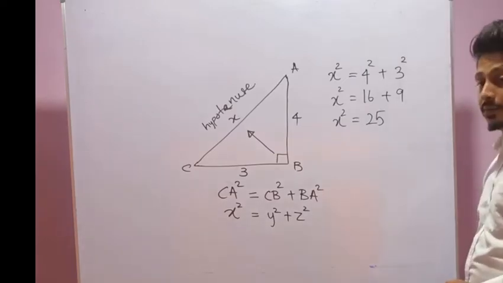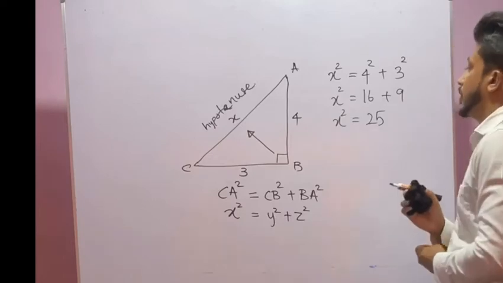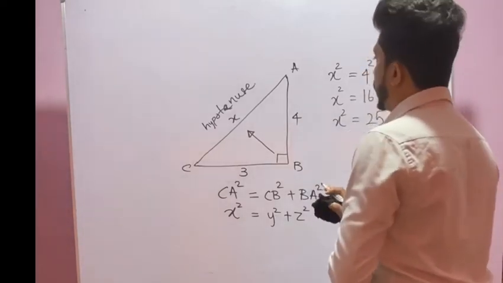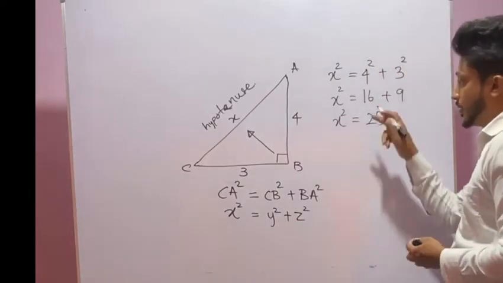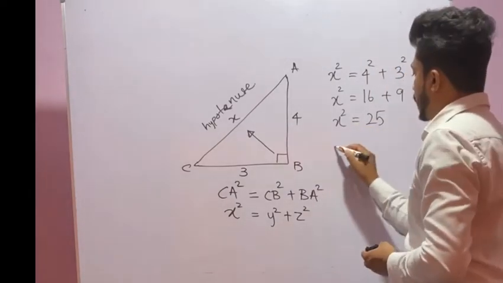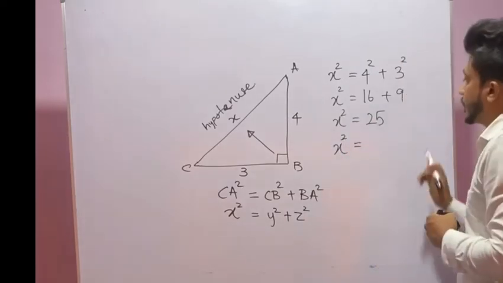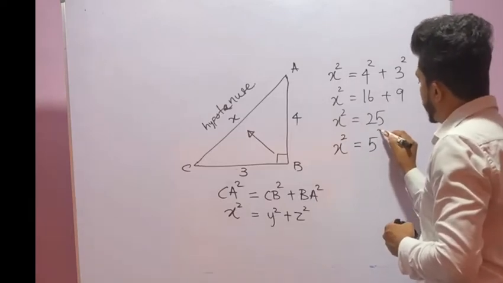That will give us 25. But I need X, not X square. The length of the hypotenuse is X, not X square, so to get X, I can write 25 as 5 square.